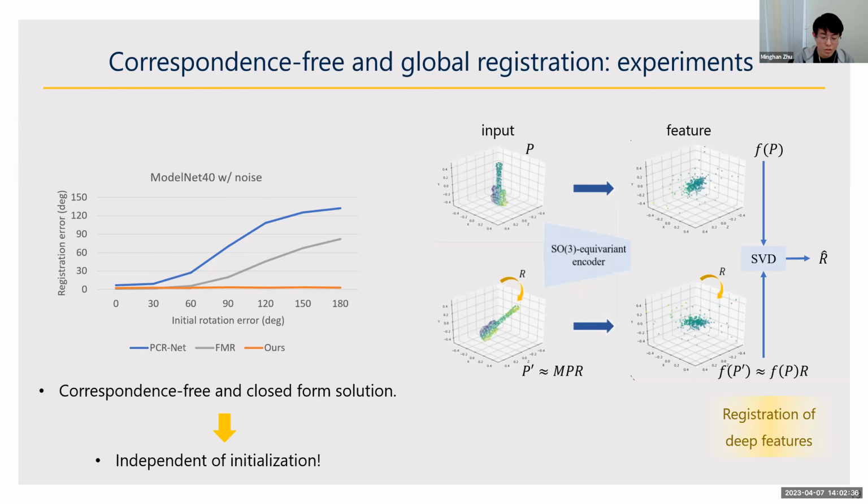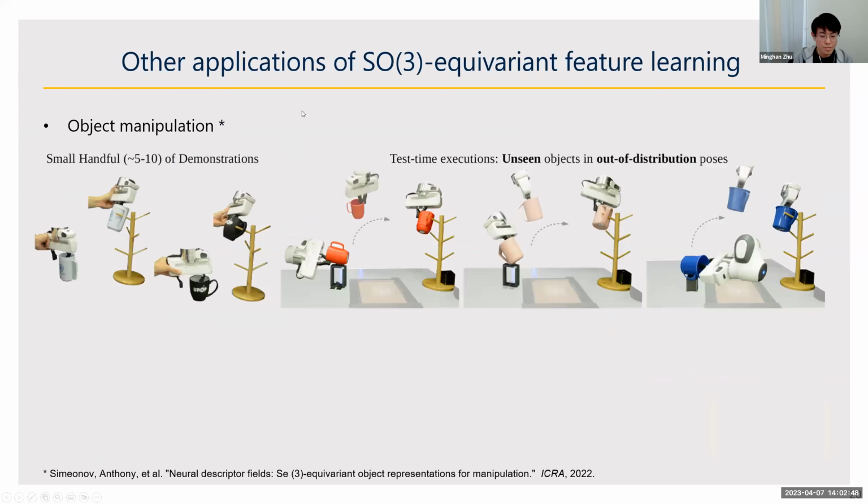And these SO3 equivariant features provided by vector neuron also have other applications by other labs who have done very cool works. Here are two examples of them. The first is object manipulation.